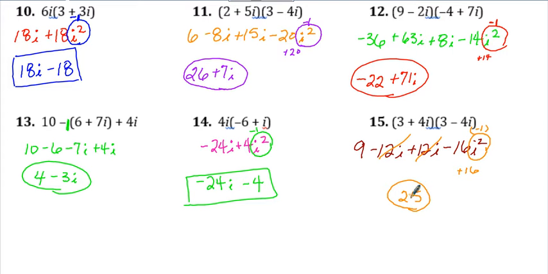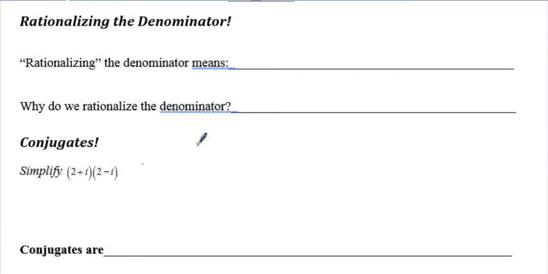We're going to make use of this in rationalizing the denominator. Rationalizing the denominator means making the denominator rational. Remember our number systems, when we categorized numbers into the different systems? If you've got an imaginary number, we're going to make use of the thing we just did in the last problem to make that denominator rational. This is a simplification step that we need to do.